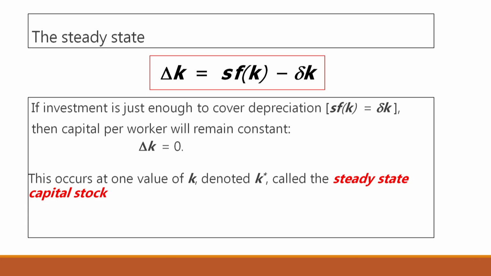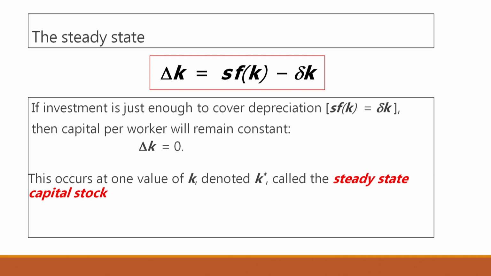Now, if this delta k is equal to 0, as we can see from this equation, can we solve for k star, or k star SS as we sometimes denote it? Yes, we can now solve for it because now the left hand side is equal to 0.